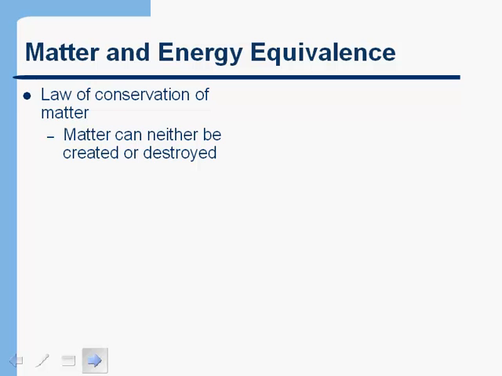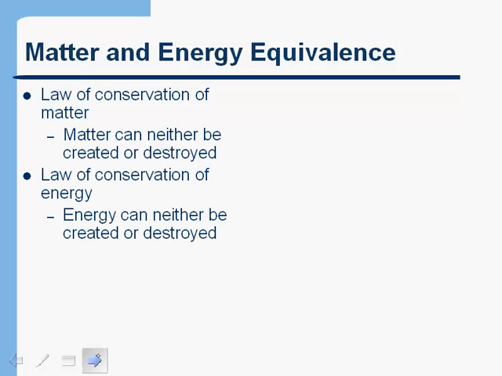The last thing we want to talk about in this section is matter and energy. And we started off way back at the beginning of the course talking about conservation of matter, which simply means that matter cannot be created or destroyed, and the law of conservation of energy, that energy can't be created or destroyed, that it's just transferred from one object to another.